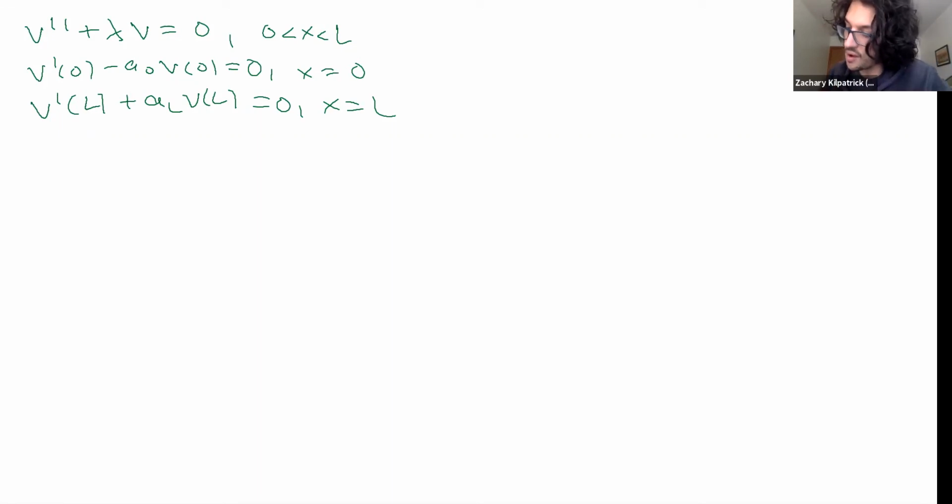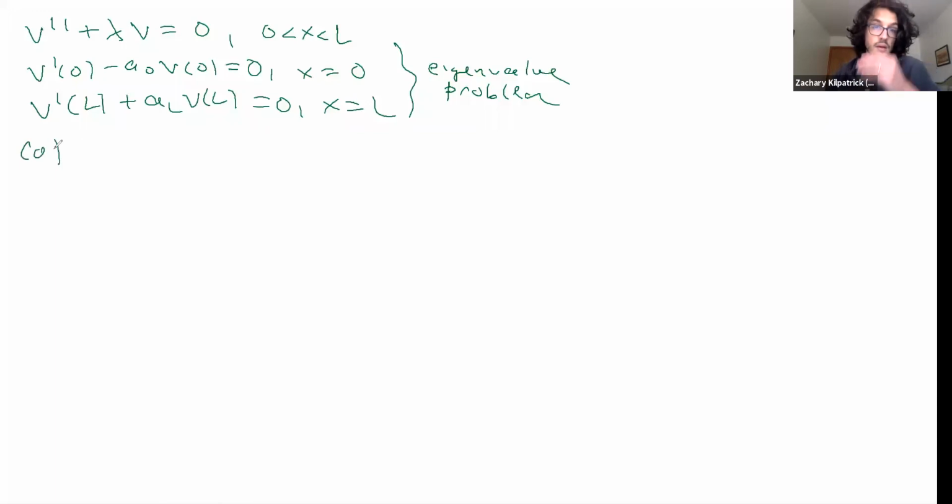After this long setup of our eigenvalue problem, I want to give this to you in piecemeal, so I don't necessarily want to give you all of this at once.